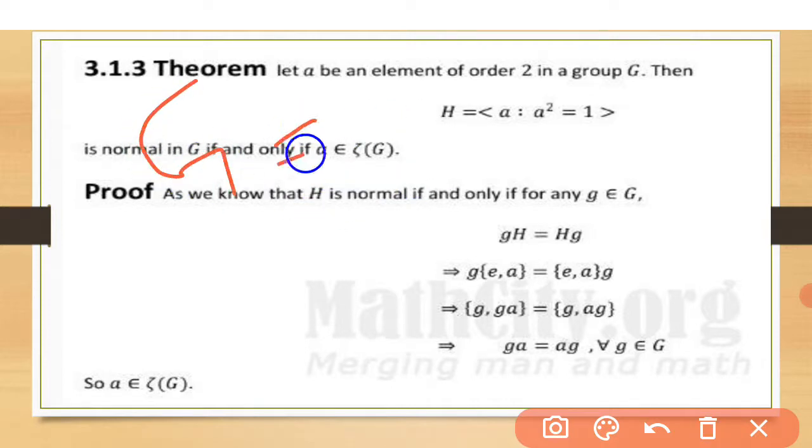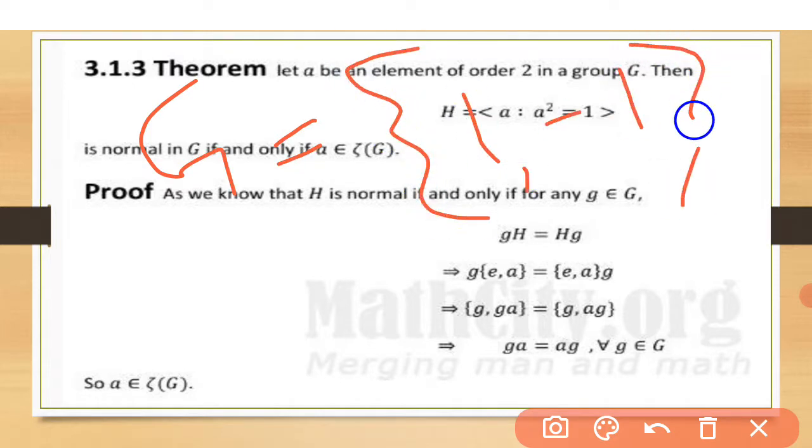As the definition of Z(G), or center of G, means, by a simple example, I told you 1 and minus 1. If these are two elements of G, we take 1 and want to check whether 1 is in the center of G or not. We multiply this one by this one from the left side, and this one by this one from the right side.